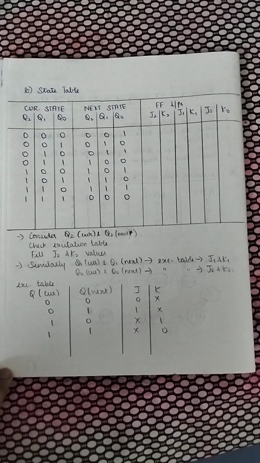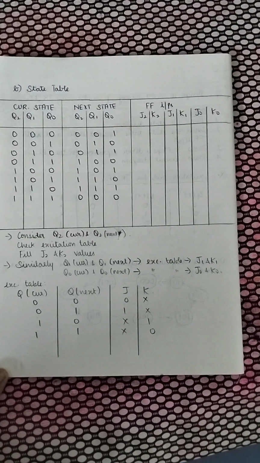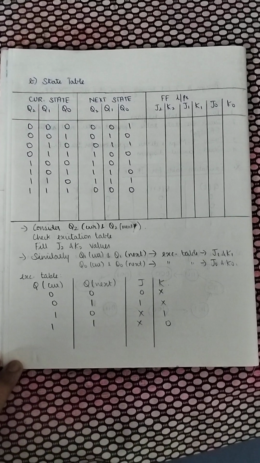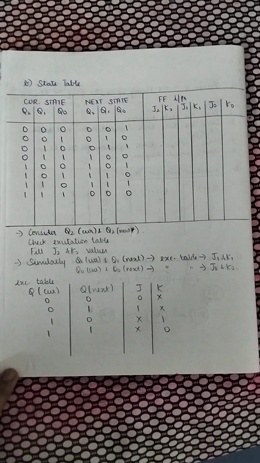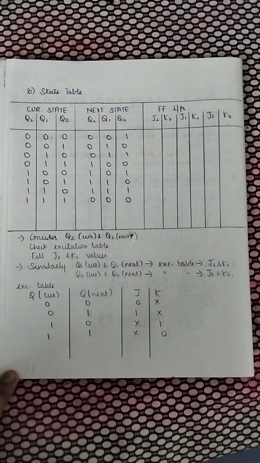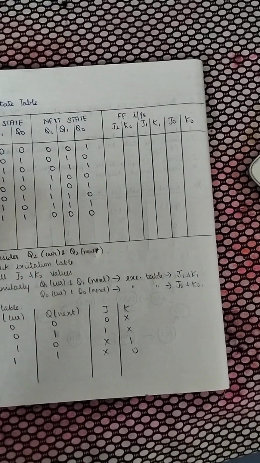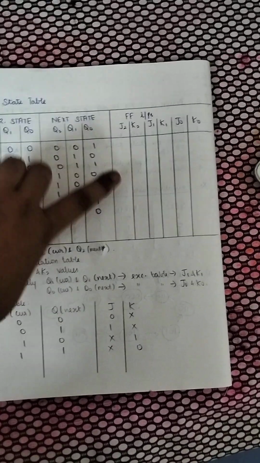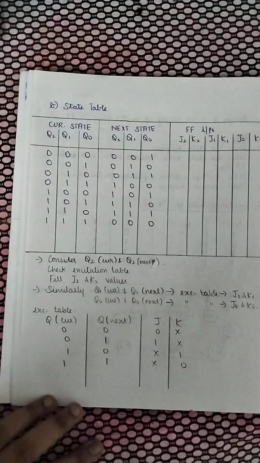This is something you need to remember. Whenever you are designing an n-bit counter, you will have n flip-flops, 1 flip-flop to represent each bit, where n is the number of bits, whether n is 3, 5, 10, 100, whatever. So if I am designing a 10-bit counter, I will have 10 flip-flops. So my state table will consist of the current state for all n flip-flops, next state, and the inputs J and K for all the n flip-flops.